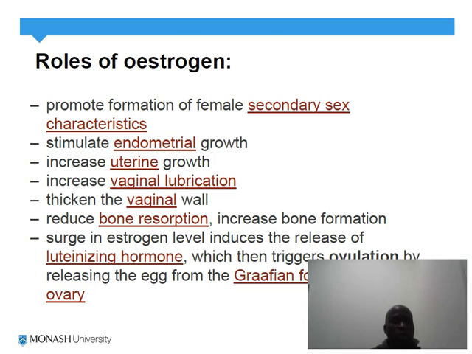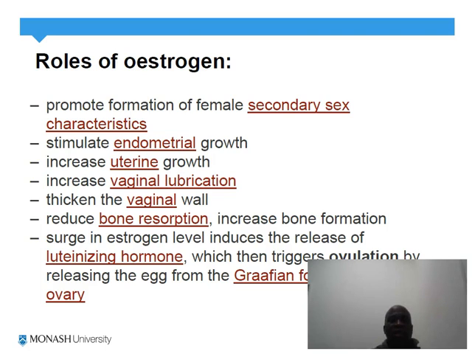Estrogen is also responsible for the surge in estrogen levels that induces the release of luteinizing hormone, which then triggers ovulation by releasing the egg from the Graafian follicle.